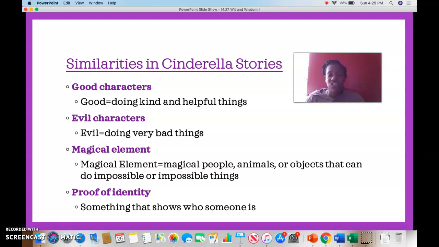Our evil characters are characters that are doing very bad things. It's the opposite of our good characters. There's a magical element in every Cinderella story. That magical element is magical people, animals, or objects that can do impossible things. Then we have a proof of identity. That means something that shows who someone is. These are the things that we're going to be looking for in our Cinderella stories today.